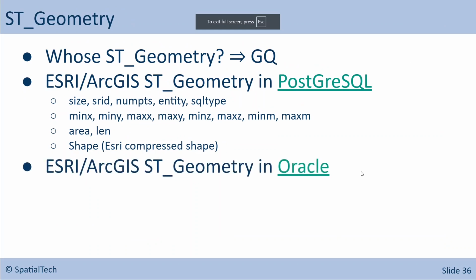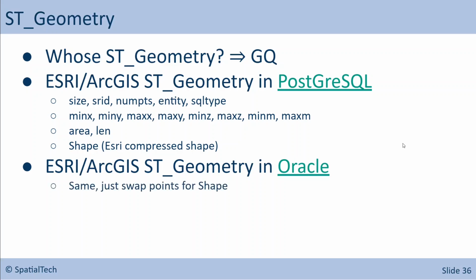You can also store it in Oracle. Oracle has its own spatial type called SDO, SDO topo and others, but you can choose to store the geometry in this format as well. It's a very similar structure. Just once you get to shape, it's called points on the Oracle side. Pretty sure it's going to be SDE compressed binary in the end. It's called Esri compressed binary, but back in the day, we knew it as SDE.